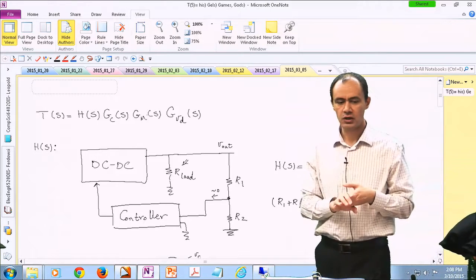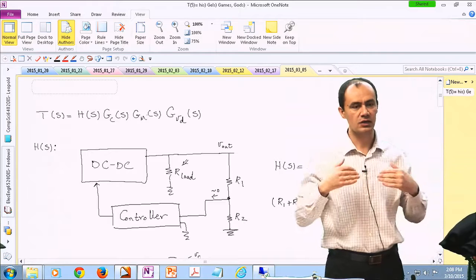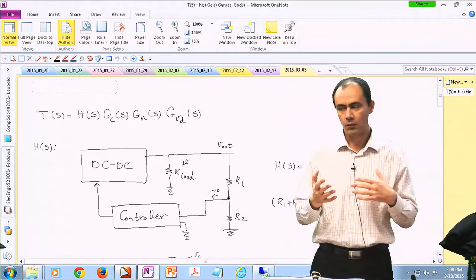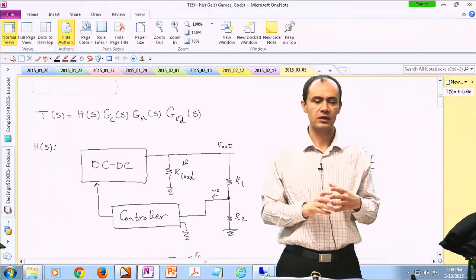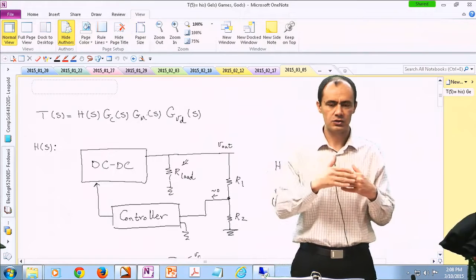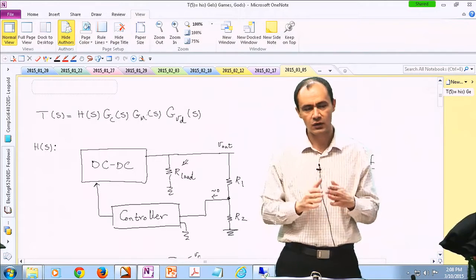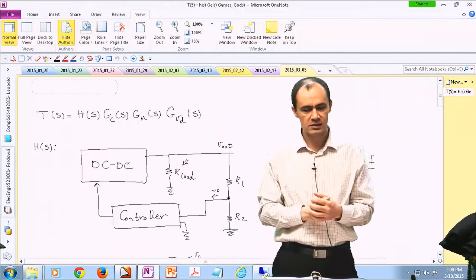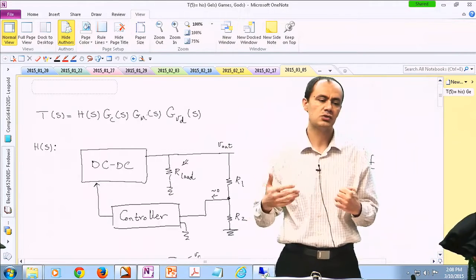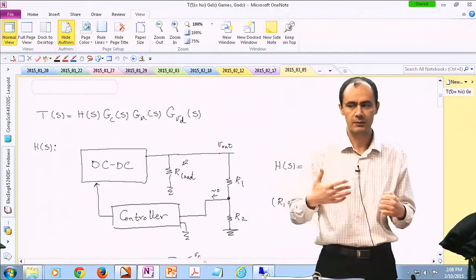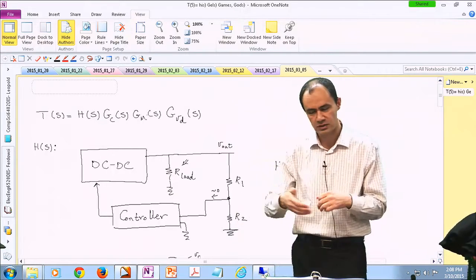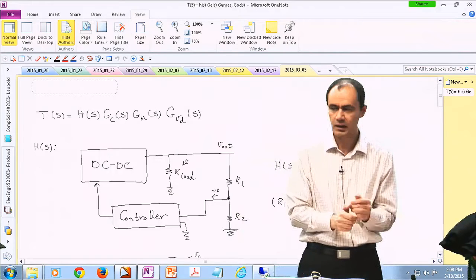Zeros increase your phase, so you can provide a more stable system in terms of having a larger phase margin, or having a wider bandwidth. But you cannot keep adding zeros to the system because zeros at high frequencies are amplifying your system, so you are amplifying your noise. So at higher frequencies, you put poles to bring your Bode plot down, something like that. And we are going to see why.